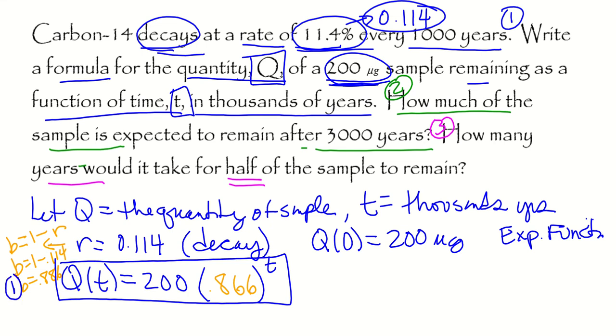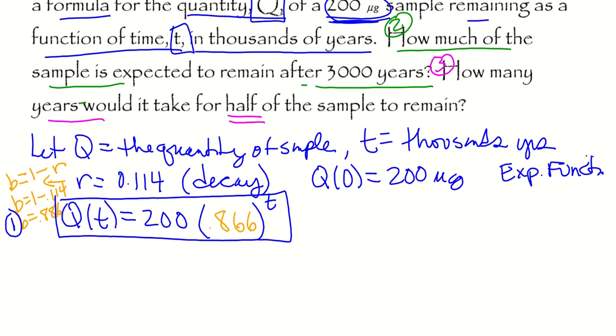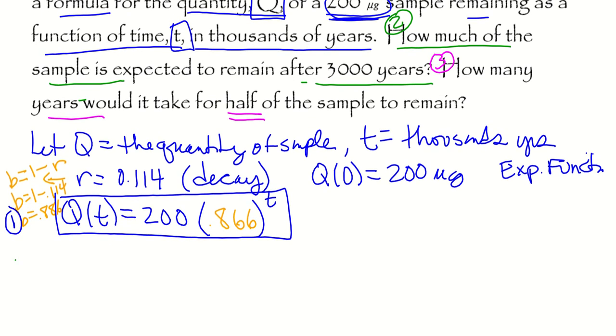So that's number one. Number two, our job is to find how much of the sample, so we need to find Q when 3,000 years have passed. So that would be when T equals 3, because T is measured in thousands of years.